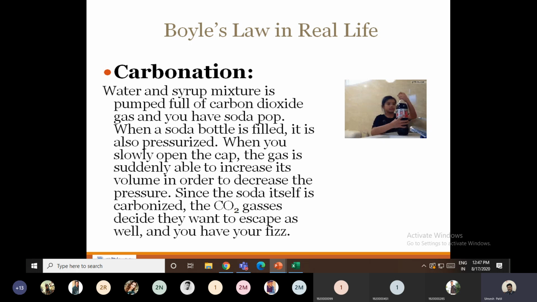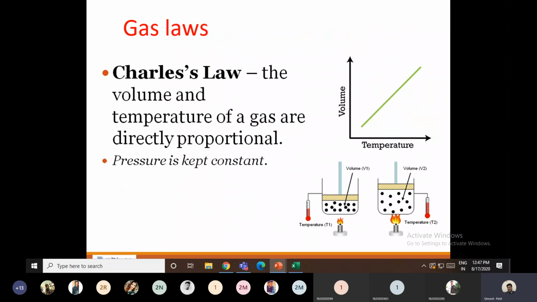When we open the cap of that plastic bottle, the CO2 which is dissolved in the liquid juice will be released, and the pressure of the total mixture will decrease, and thereby the volume of that liquid juice will increase and it will come out from the bottle. Okay, so this is the practical example of Boyle's law.